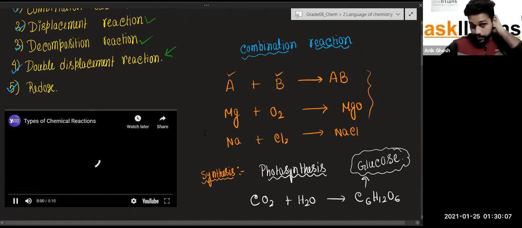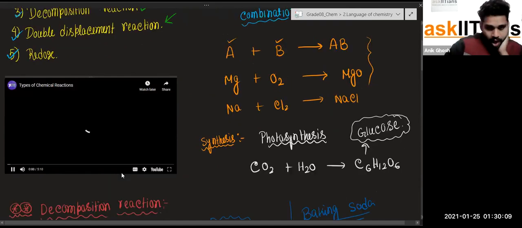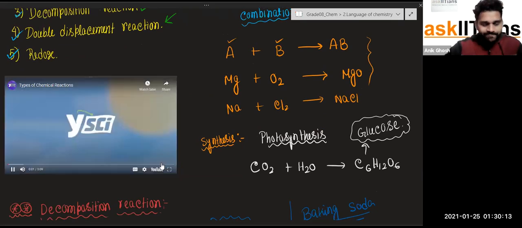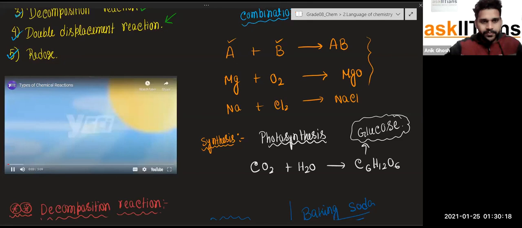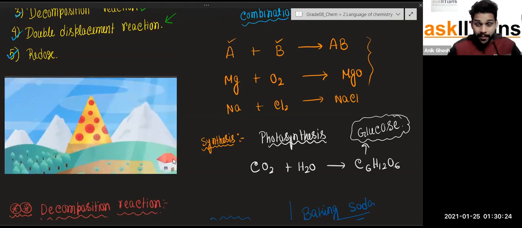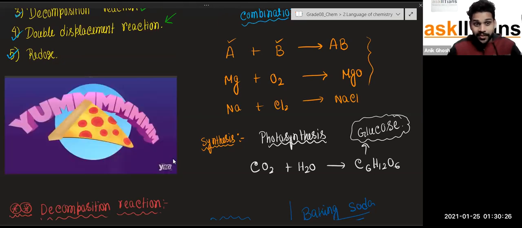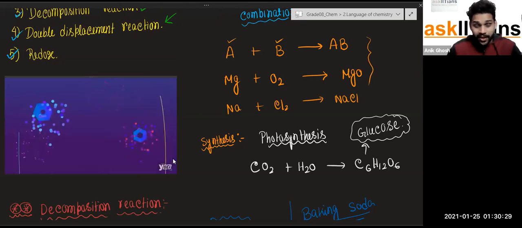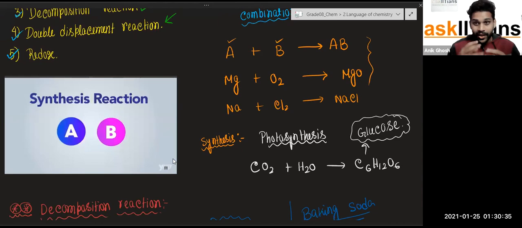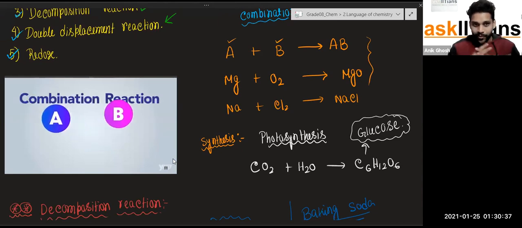They're saying that chemical reactions help us understand natural processes: how a pizza gets baked, how fireworks are made, how cancer cells get decomposed.